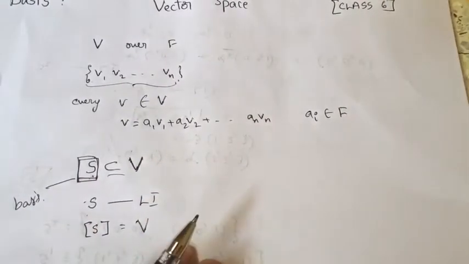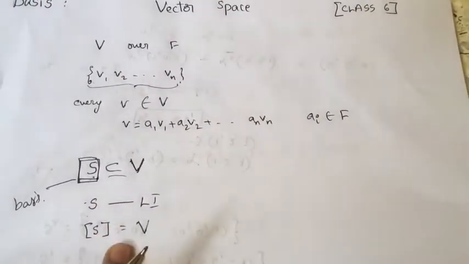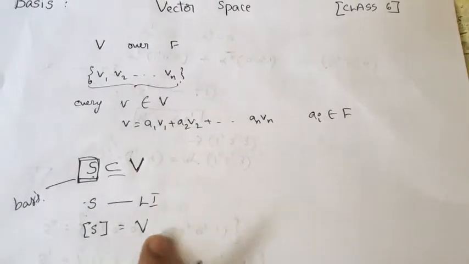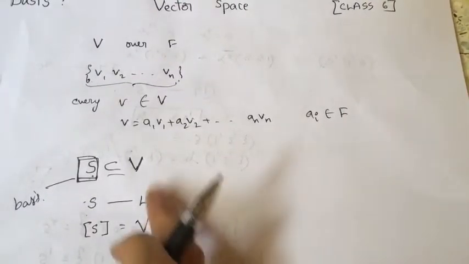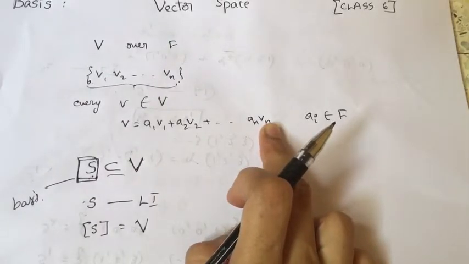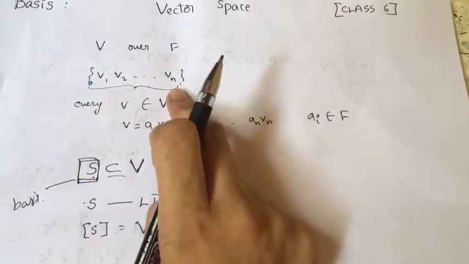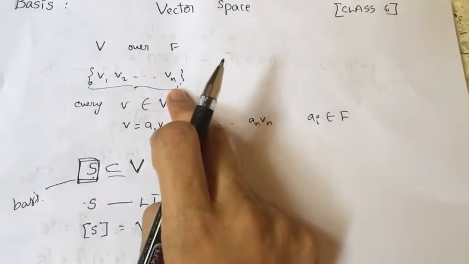This is another way of saying the same thing. This linear combination means they should span the vector space V, in the sense every vector in V can be written like this, and this expression has to be unique. And these vectors have to be linearly independent.